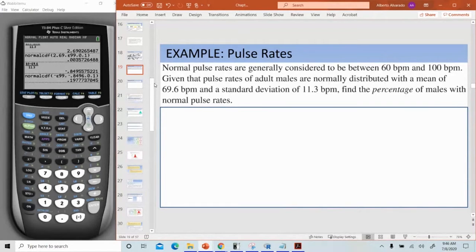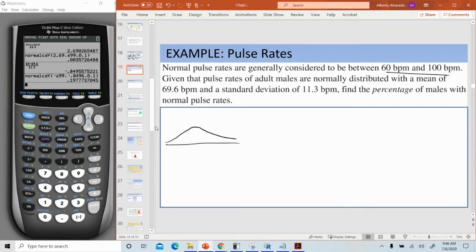This one says normal pulse rates are generally considered to be between 60 and 100 beats per minute. Given that pulse rates of adults are normally distributed with a mean of 69.6 and a standard deviation of 11.3, find the percentage of males with normal pulse rates. Again, draw a picture, because it helps guide our thinking.